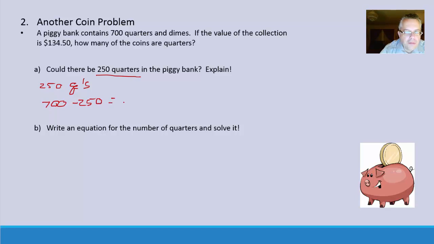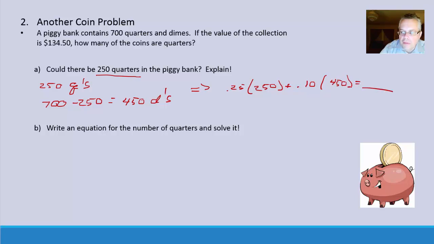So 700 minus 250 is 450, and that's how many dimes there are. And now we can figure out the value. So 0.25 times the number of quarters plus 0.10 times the number of dimes, which we figured out to be 450.